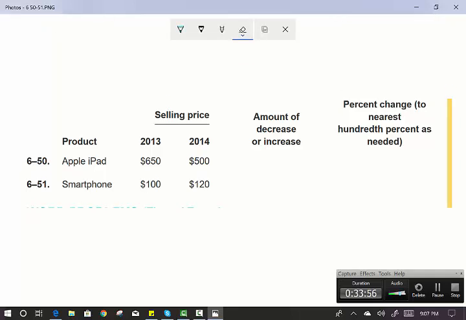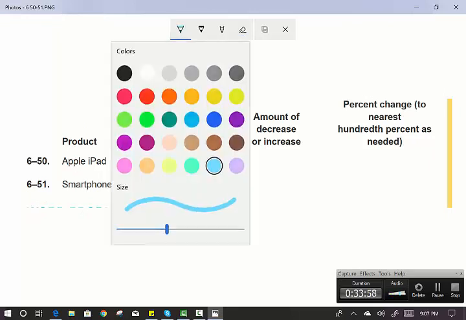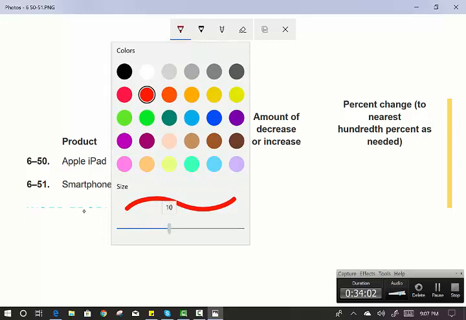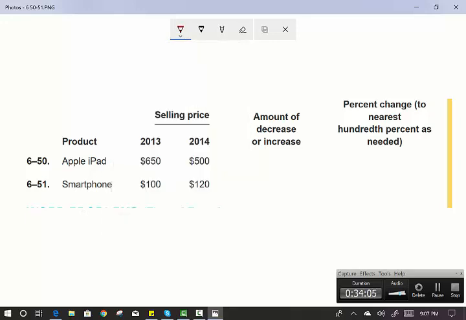Let me grab a pen, and I'll mark on this. Okay, so this is going to be our base year, the year that we're comparing it to, and we had a decrease of $150.